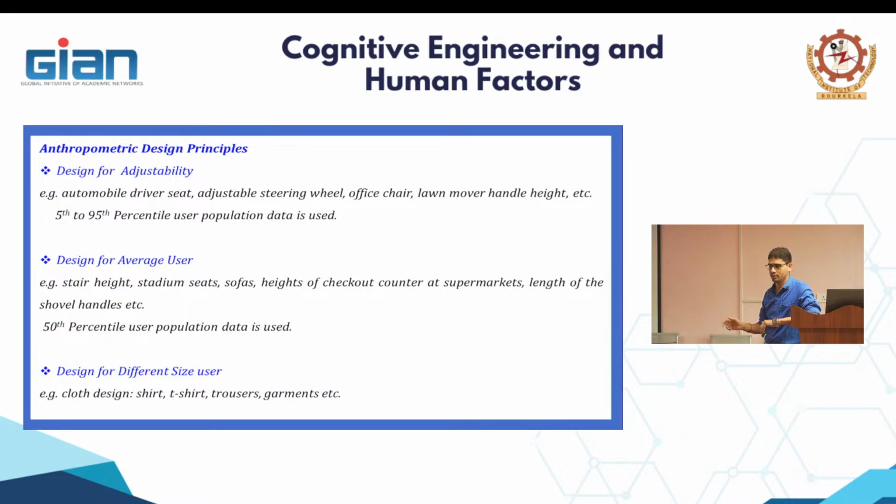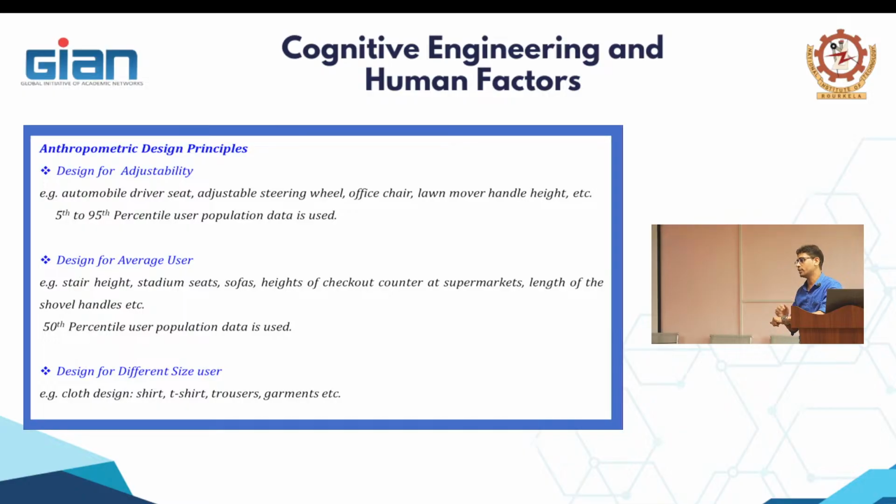Like the staircase, we cannot customize it, we cannot make it adjustable. We do not know what the maximum or minimum user will be. So it is a standard. The rows in stadiums are also a standard.